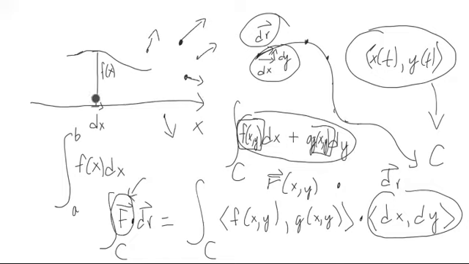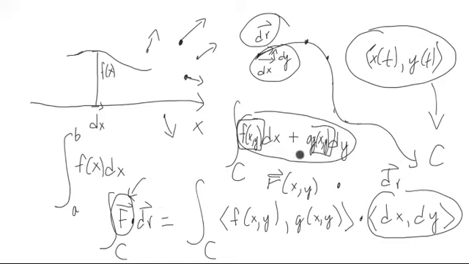Of course, you could interpret this situation here as a very simple case of the vector field idea, where you have a lot of zero components, but it still works. So the generalization is, again, we integrate a vector field along a curve via a dot product.